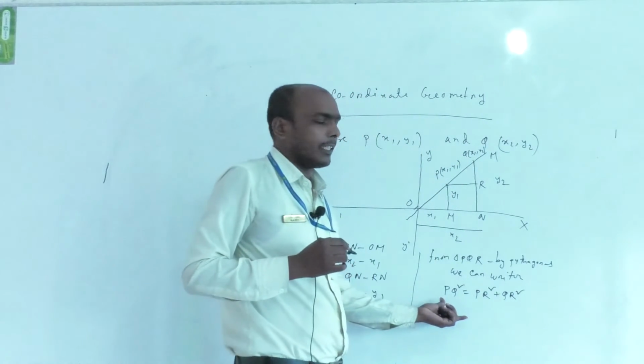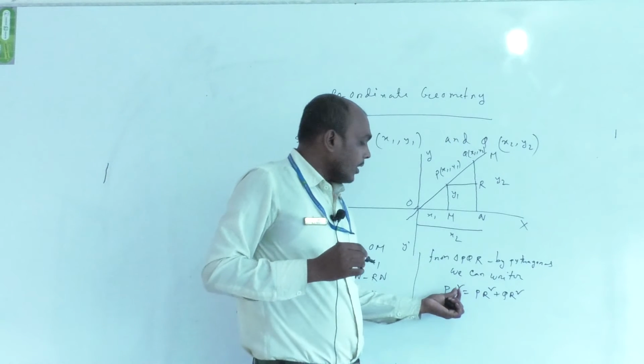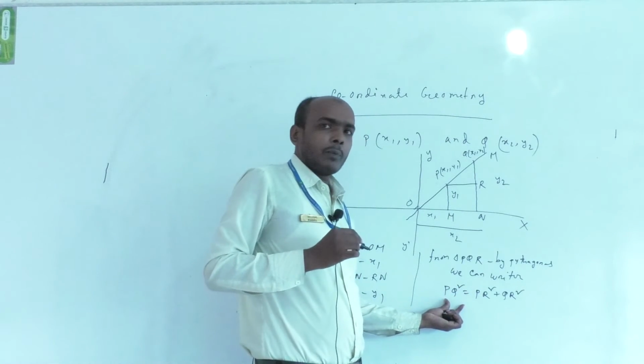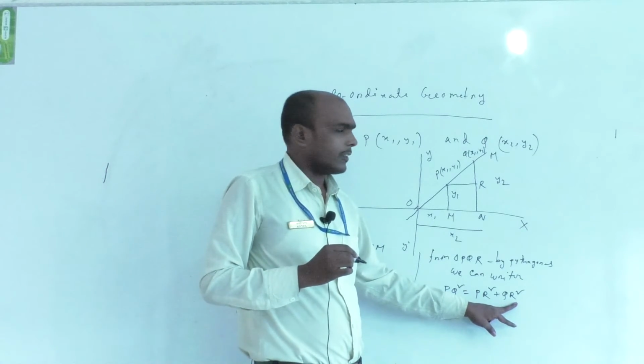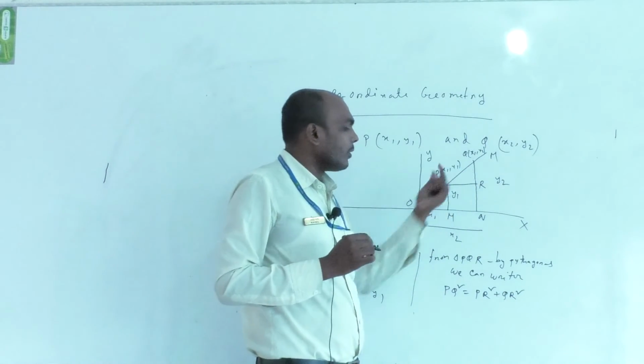I think you have an idea about Pythagoras. We know the square of the hypotenuse is the sum of the squares of the other two sides. That's why we have taken this PQ square.